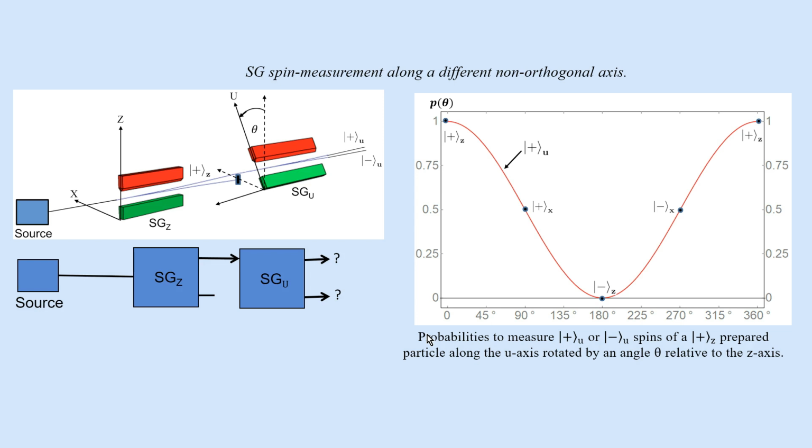Tilting the SGU further, say setting theta equal 45 degrees, that is in between the two perpendicular axes, will however definitely change things. About 85% will still be in spin up, but a remaining 15% will show up with a spin down.